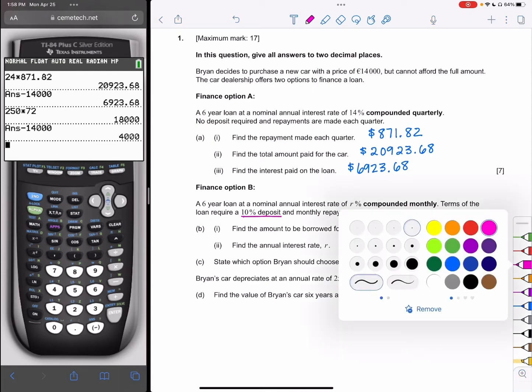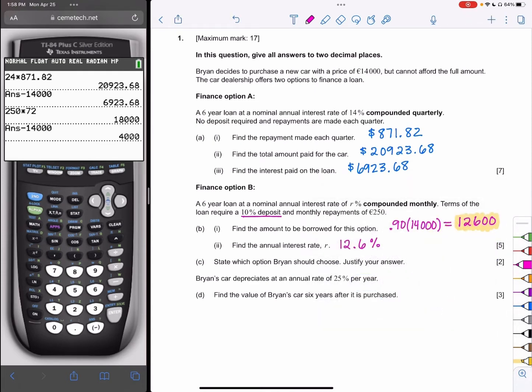So here I'm going to put for part C, I'm going to put option B, because he only pays $4,000 in interest.